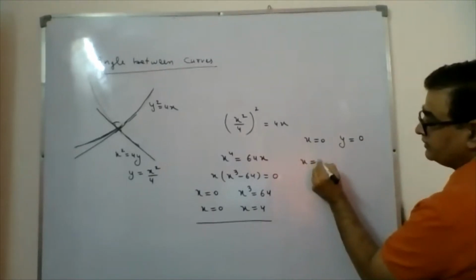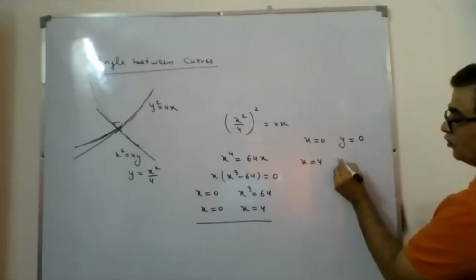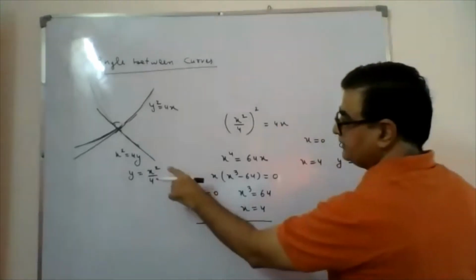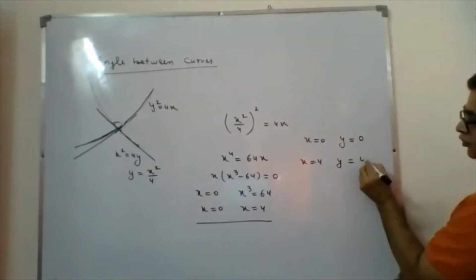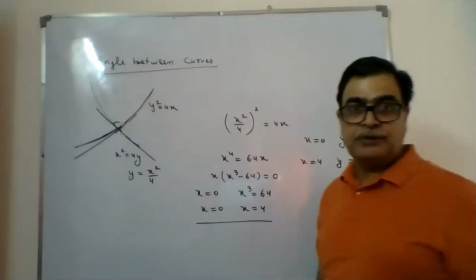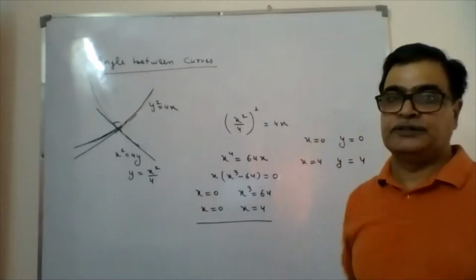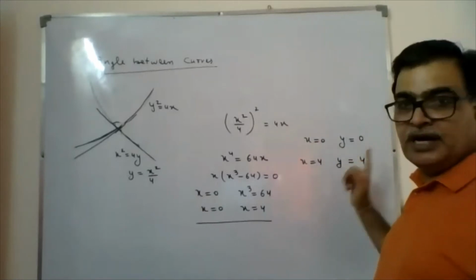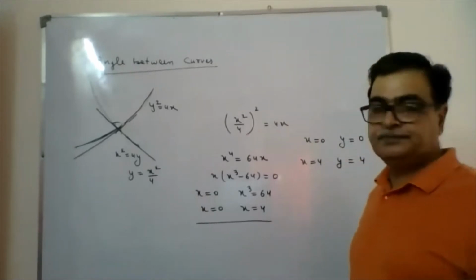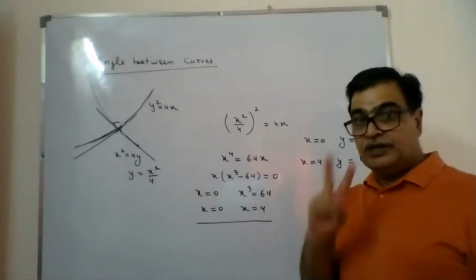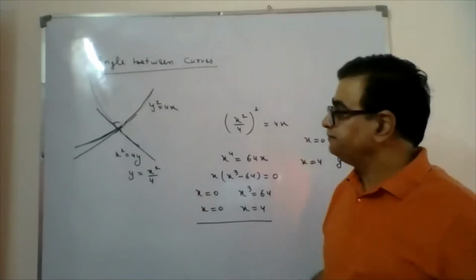When x is 4, y comes out to be 16 by 4, which is again 4. So that means these two curves will intersect at 2 points: one is at the origin, another is at (4, 4). So we need two angles to be calculated.